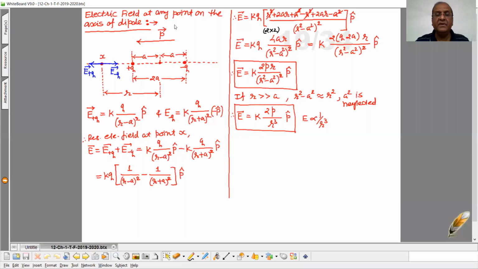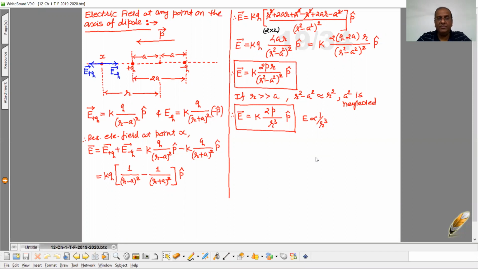Clear? Now we have to find the electric field of the electric dipole at any point on the axis of the dipole, as well as at any point on the equatorial line or equatorial plane of the dipole.